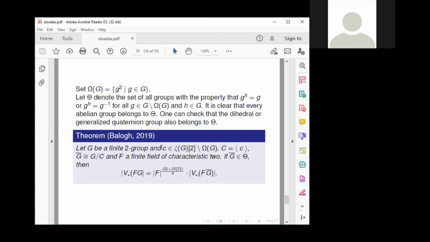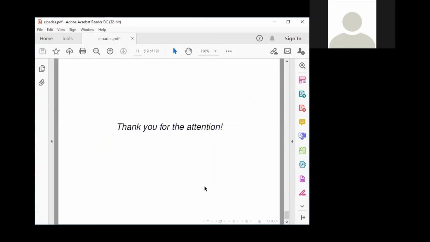We give a recursive formula to compute the order of the unitary subgroups. If C is an element from the center of the group, and it should be an element of order 2 but not belonging to this omega, and we consider the factor group G modulo the subgroup generated by C, and this factor group corresponds to theta, the order of the unitary subgroup can be computed by using this recursive formula. So thank you for your attention.